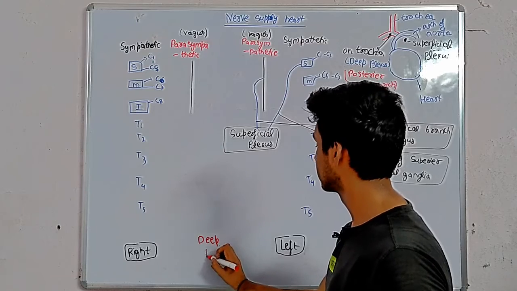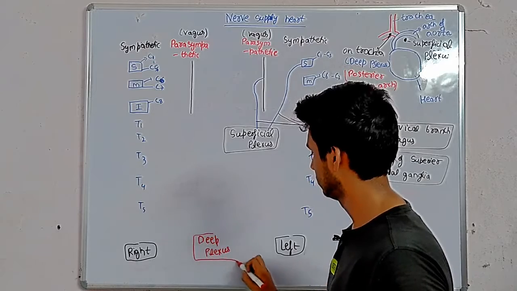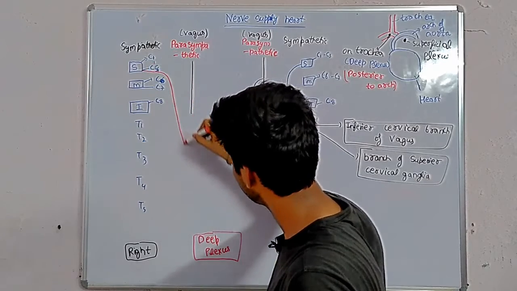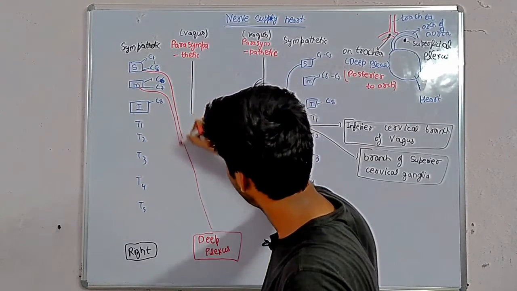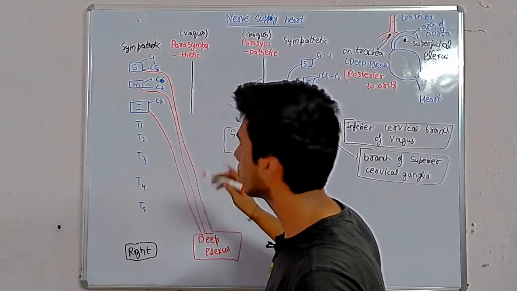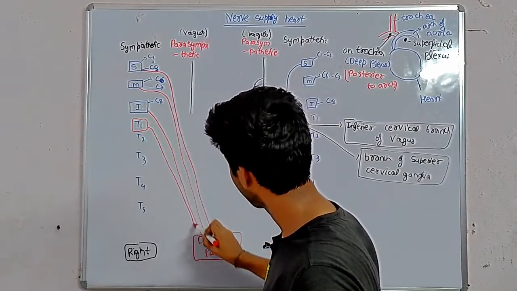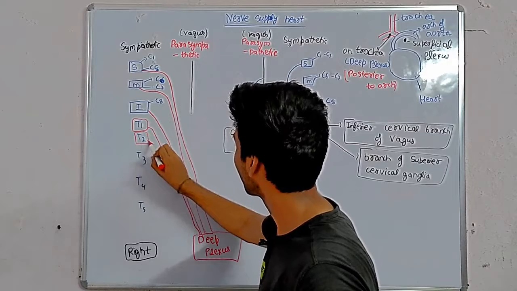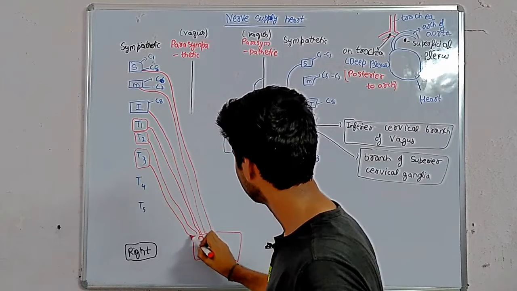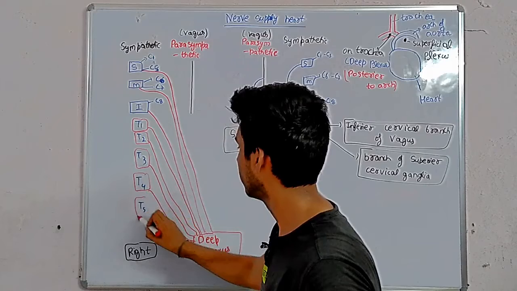From the superior, middle and inferior ganglia, and from T1, T2, T3, T4 and T5.